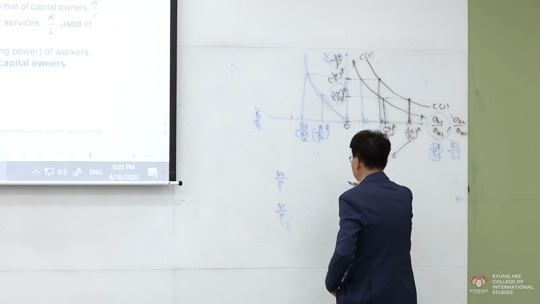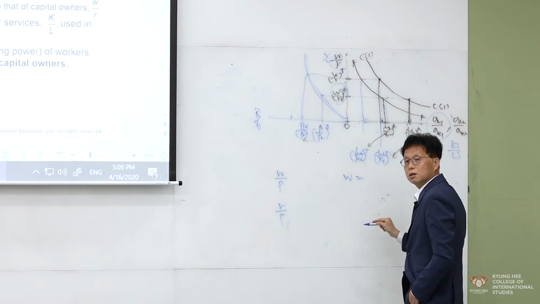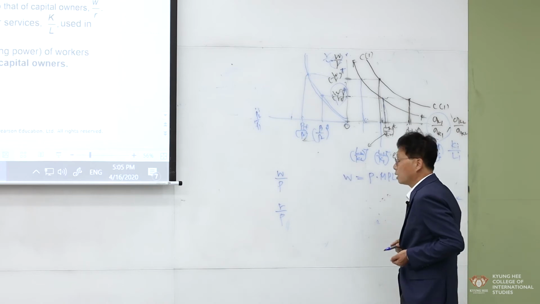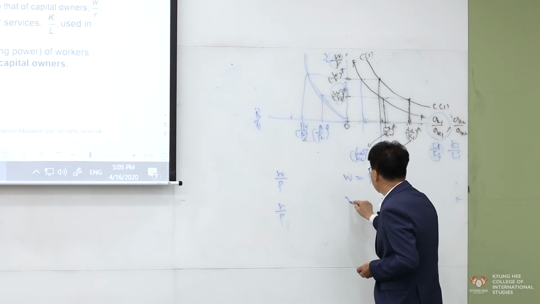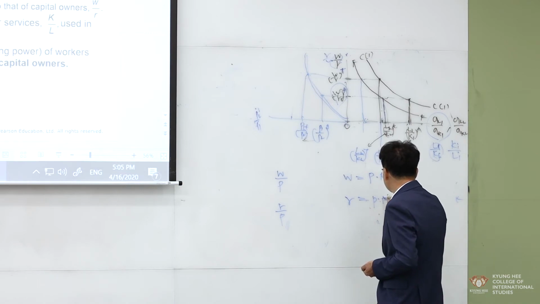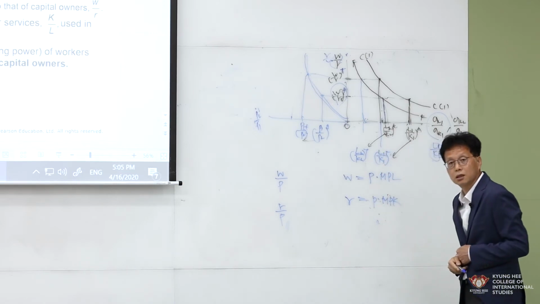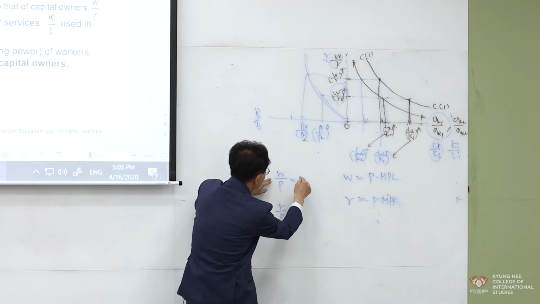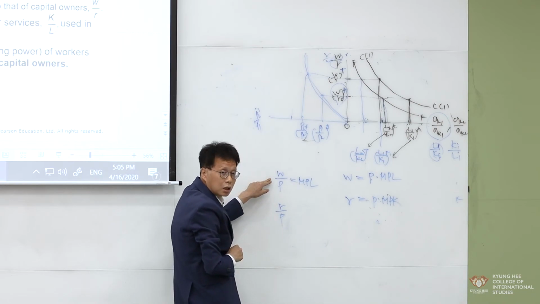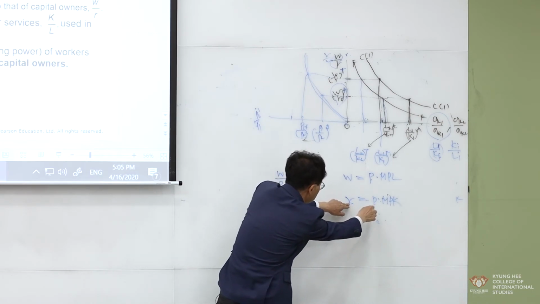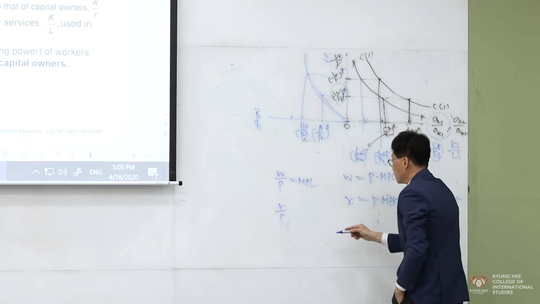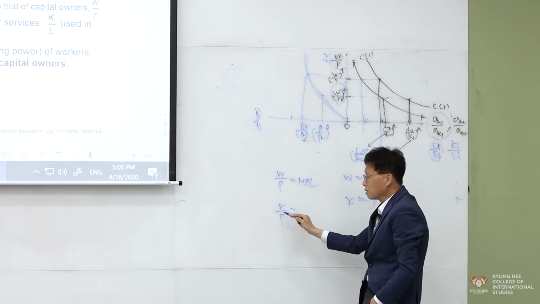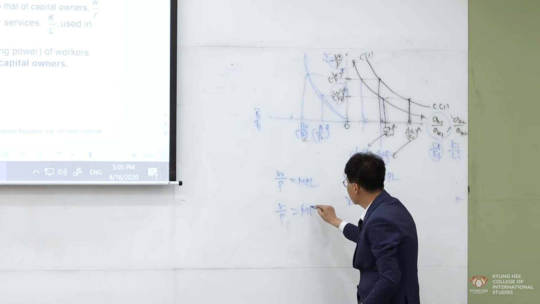The wage rate should be equal to the price of the good multiplied by MPL, and the rental rate R is the price of the good multiplied by MPK. Moving P over, W over P is equal to MPL, and the real income of landowners, R over P, is equal to MPK.